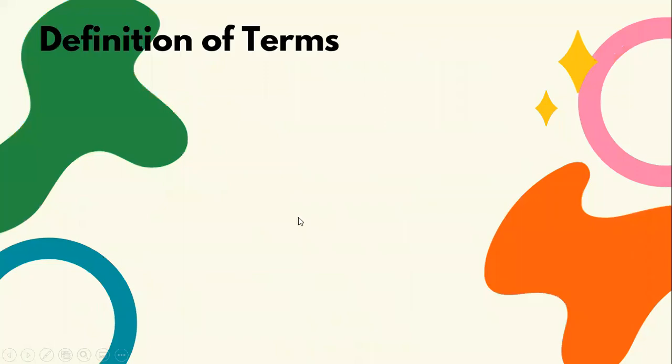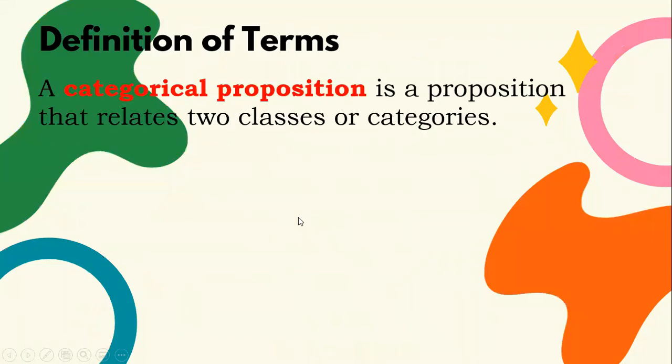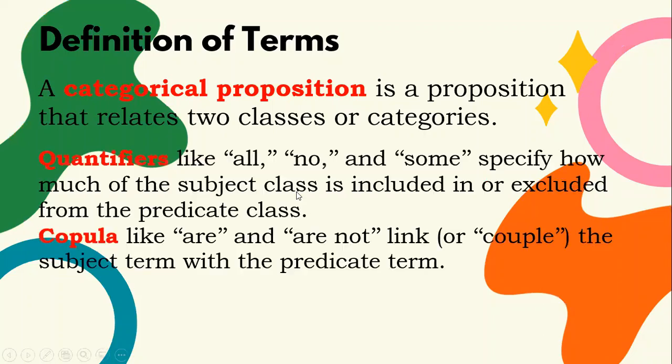Okay, let's define some more terms that we'll encounter as we go along with Module 19. The first term is categorical proposition. A categorical proposition is a proposition that relates two classes or categories: the subject term and the predicate term. Under these, we have the quantifiers and the copula.